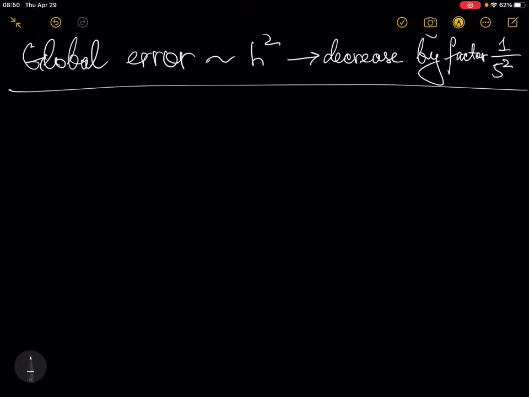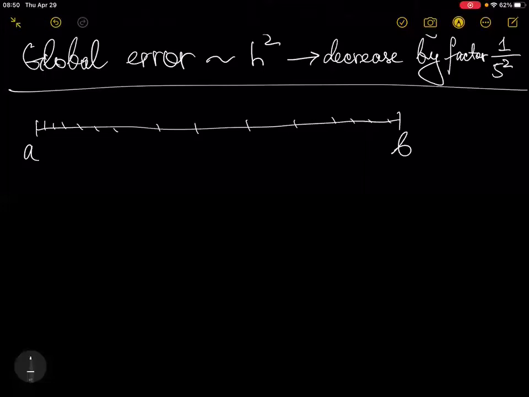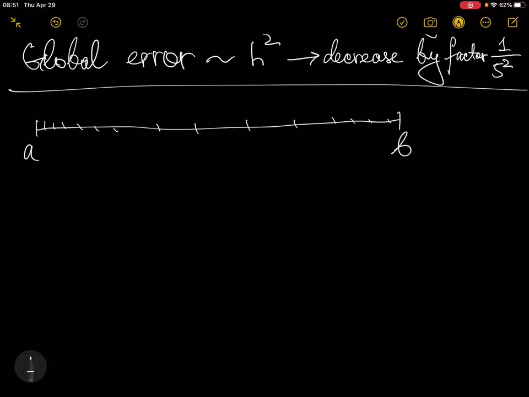Okay, so in the case of integration, you also can do something similar: put your points not evenly. And essentially in your homework you already saw it.